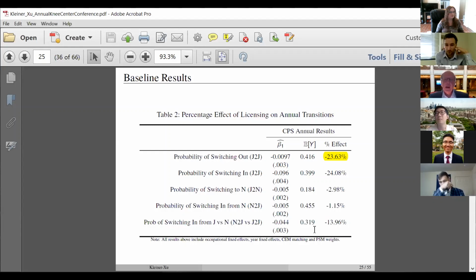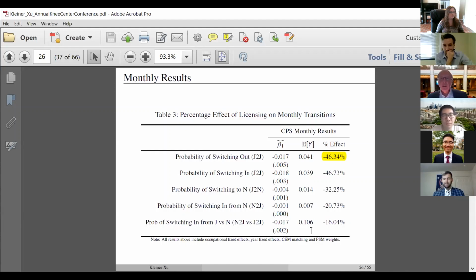So the overall effect is certainly negative, and depending on whether you're moving from job to job, the effects are much larger relative to moving from a job to non-employment, or moving to a licensed occupation from non-employment. Our hypothesis is that for individuals who have a job, the opportunity costs of getting the additional training and paying the additional costs are much higher than for those people in non-employment. That certainly is the case in our data.